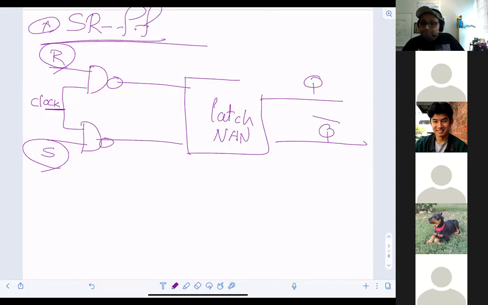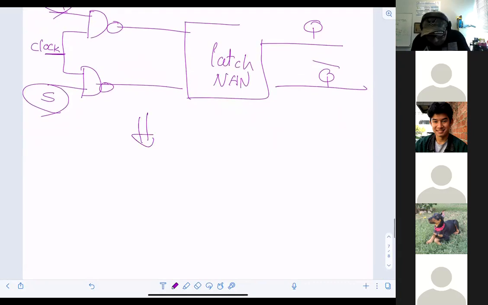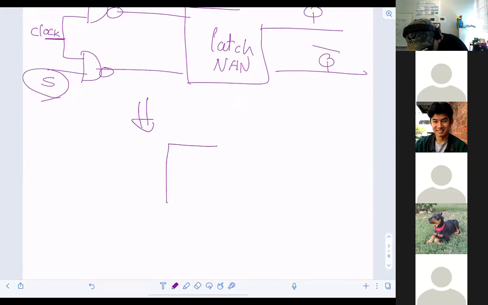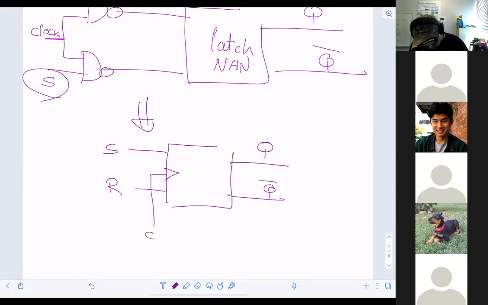That's pretty cool. So do you determine what kind of edge S goes on and what kind of edge R goes on? No, okay. It's not determined. Basically, this thing, did you see the whole entire building now in front of you? It will be symbolized like this: S, R, Q, Q complement. And look at this.